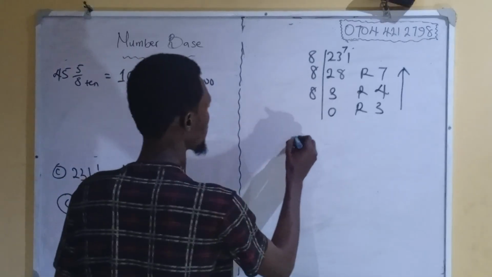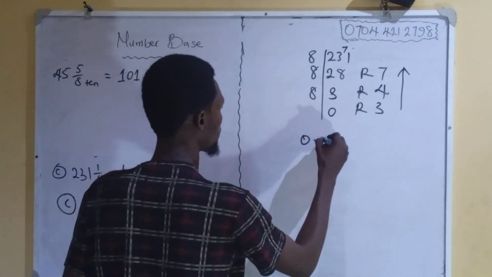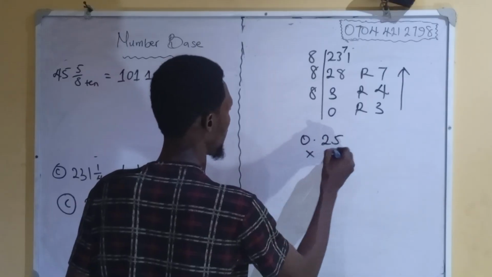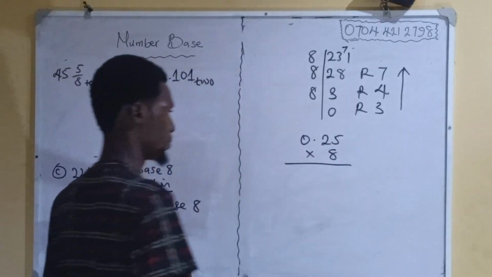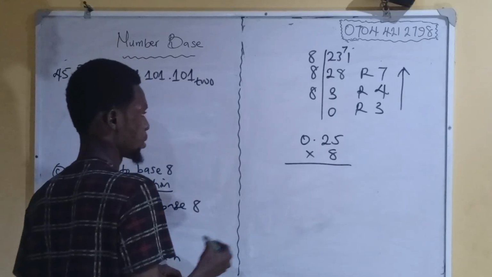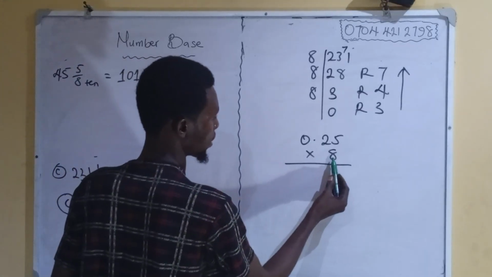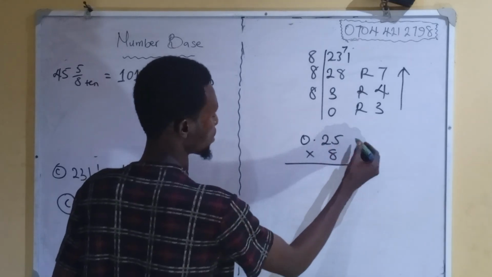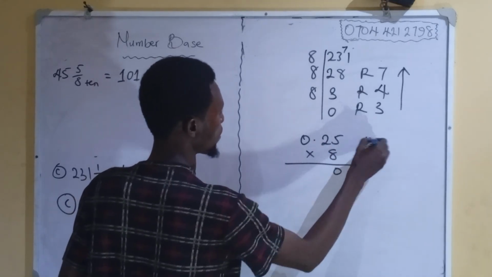So over here, you're going to multiply 0.25 by 8 repeatedly. So if you multiply, you're going to have 0.5. Is that okay? This times this is 40, right? Write 0 and carry 4.